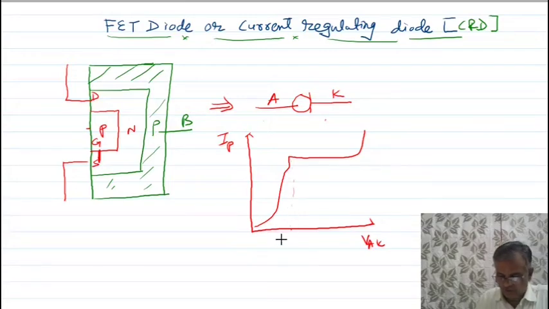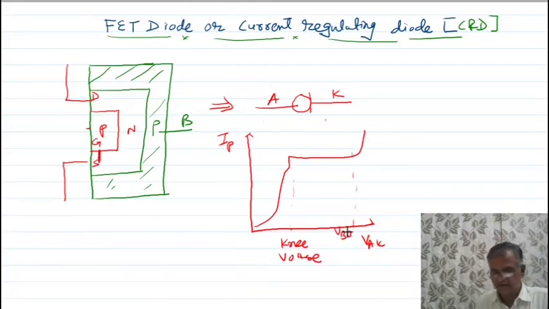This is known as the knee voltage, and this is your breakover voltage. Means between the knee voltage and breakover voltage, the current passing through this CRD remains constant. This is the important property of the current regulating diode.